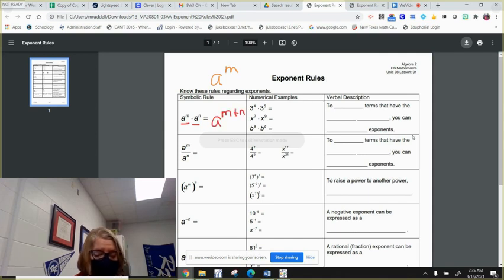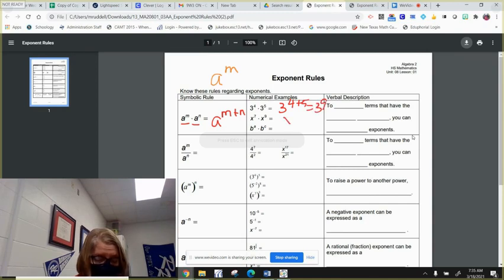So if we have 3 to the 4th times 3 to the 5th, we're going to add the exponents. So we have 3 to the power of 4 plus 5, which makes 3 to the 9th.